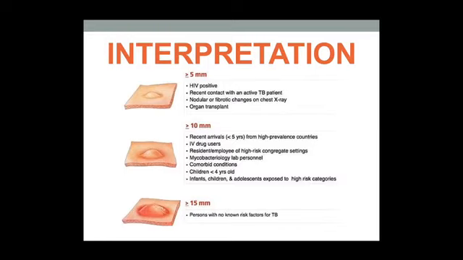However, for persons with no known risk factors for TB, more than or equal to 15 mm induration is considered a positive Mantoux test. So these are the interpretations of your Mantoux test based on the different types of patients with various conditions.